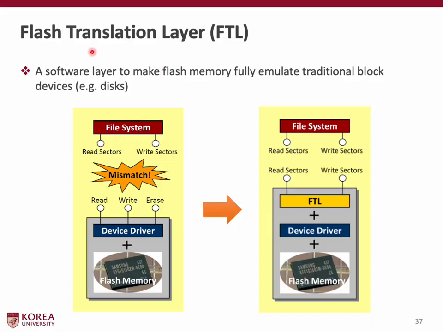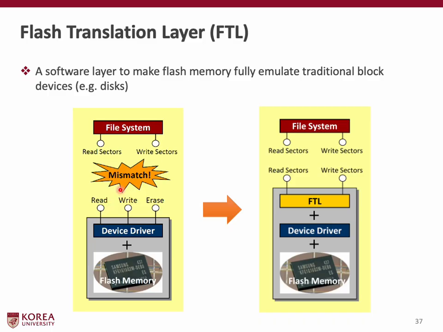And SSD utilizes a special abstraction layer called the Flash Translation Layer, or FTL for short. Basically, the file system handles I/O requests by sending block level operations, such as reading or writing a block. But SSDs don't natively support this block.